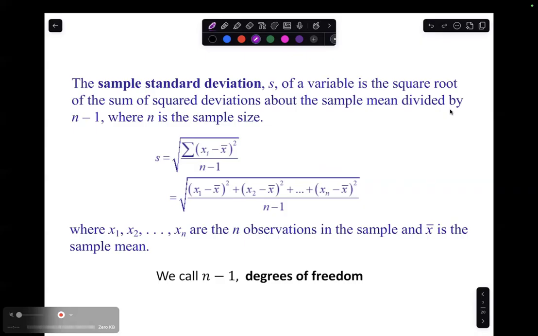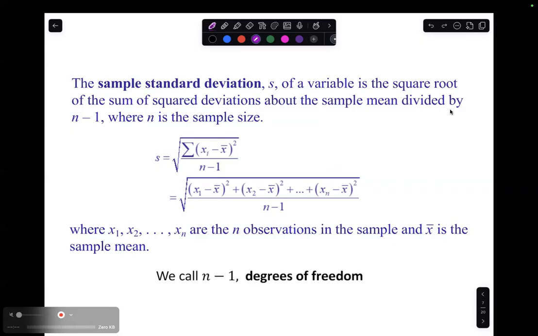Saying we need to take into consideration that we might have missed some extreme values when we took our sample. So our standard deviation is going to be just a little bit bigger to account for that error. So we divide by 1 less than the number of our data set.